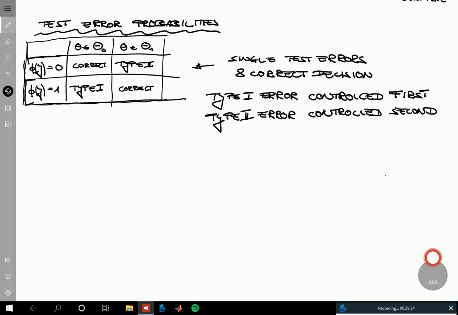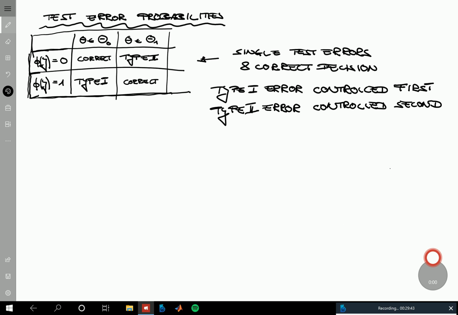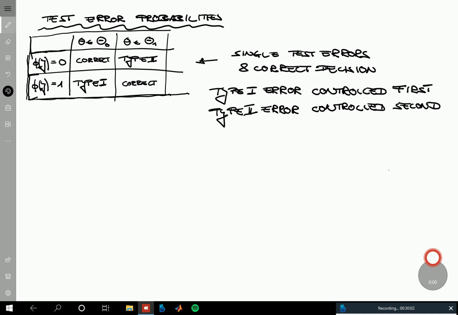But we will not deal with that here. The important thing is that if you have these errors and you repeat the test procedure under similar assumptions about the data distribution, you want to minimize your errors. To this end, one defines the test error probabilities.